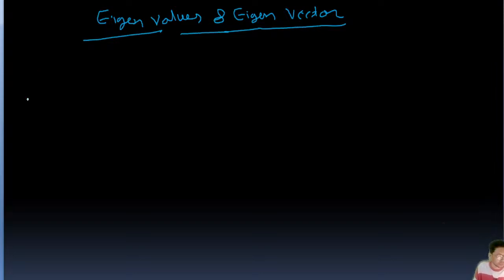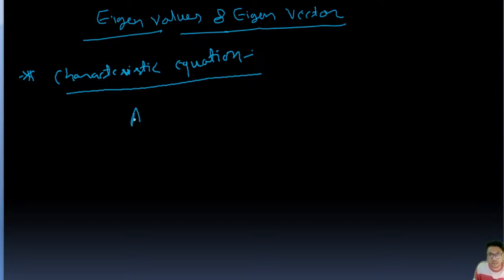Here first we'll study the characteristic equation, which we know: the determinant of A minus lambda I equals 0.